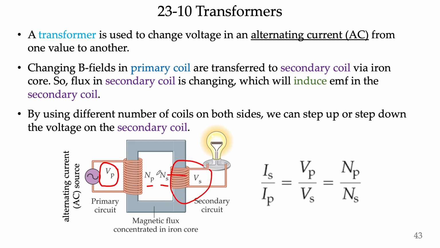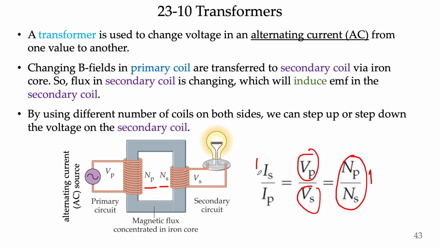If you have the same number of turns here, so if NP and NS are the same, you will get 1 here. So the voltages in the primary coil and the secondary coil will be the same, right? And the currents will be the same, right? But let's say there are 20 loops here, and 10 loops here in the secondary circuit.